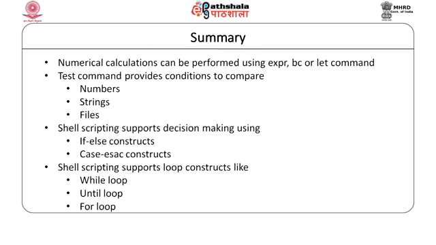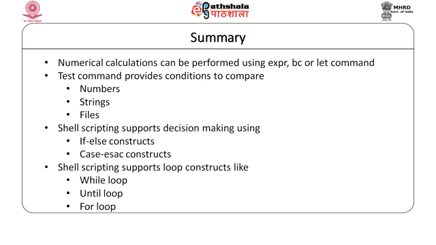So, let us summarize what we have studied in this module. We started our discussion by showing how calculations can be performed. Calculations can be performed in 4 different ways. Then we discussed how test conditions can be done. We can check for numbers, whether 2 numbers are equal, whether one is greater than or less than the other.